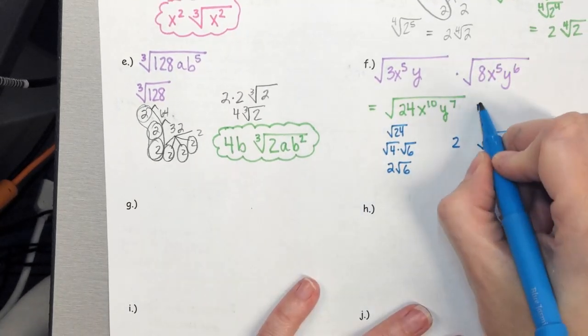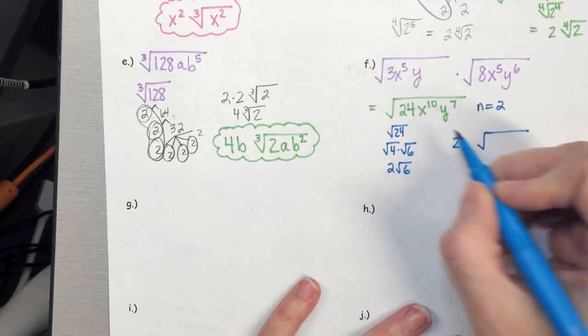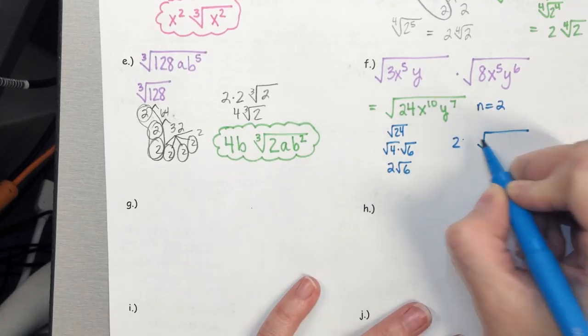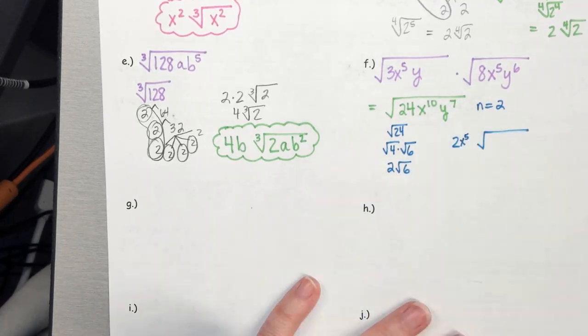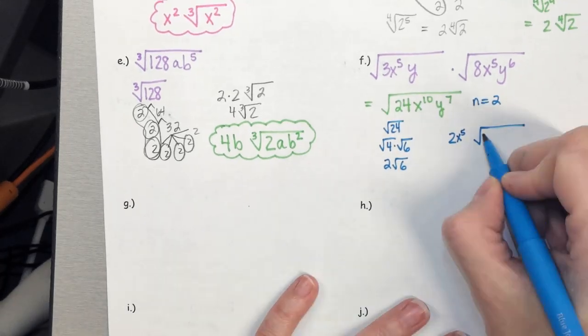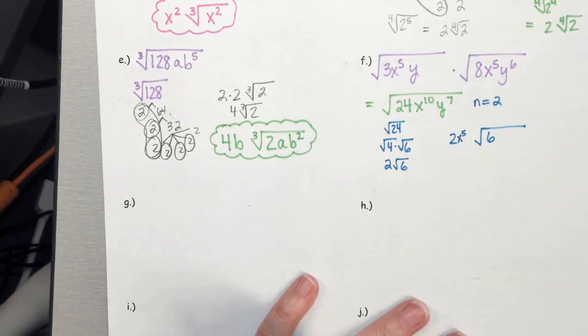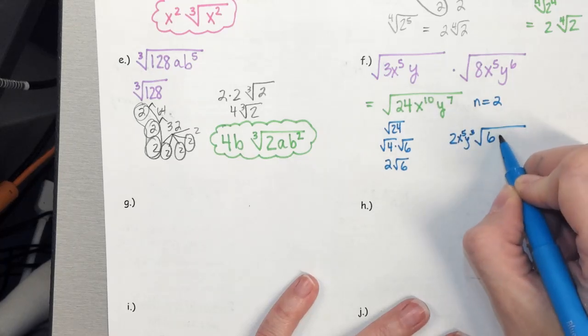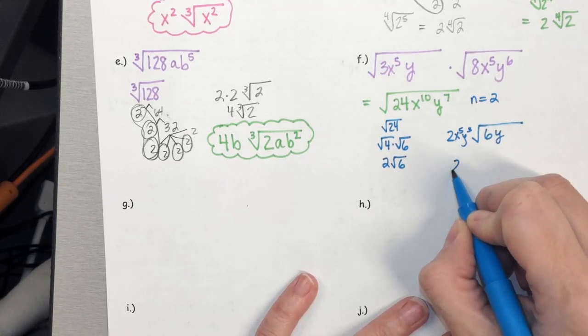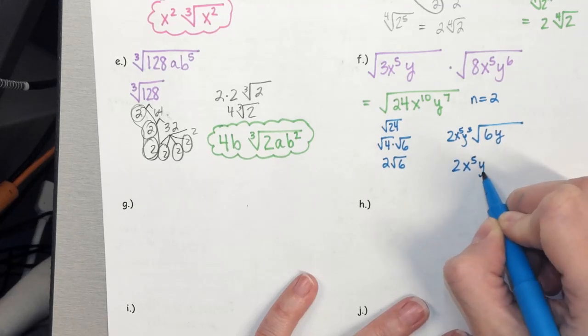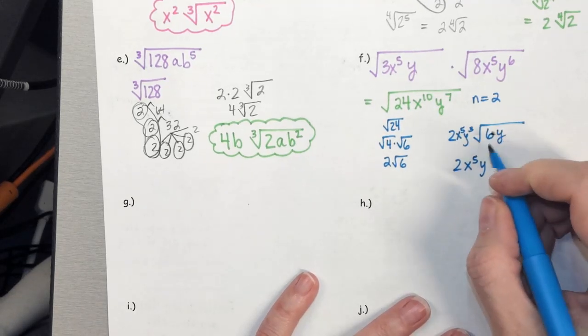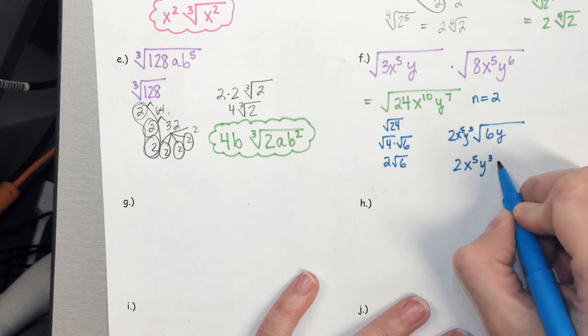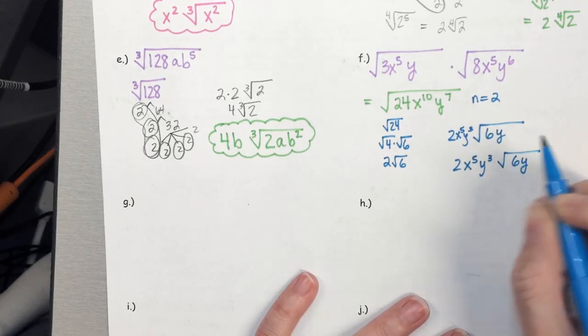So our index, if it's a square root, is 2. 2 goes into 10, 5 times. Nothing left over. 2 goes into 7 how many times? 3 with how many left over? 1. I'm going to rewrite that because I don't like the way that it's scrunched together. And then square root of 6y.